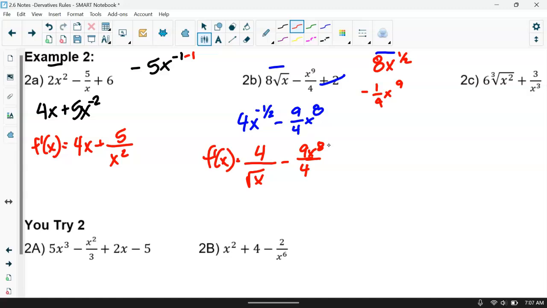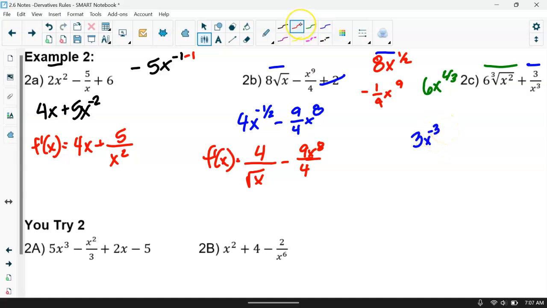So then our last one, again, let's rewrite. So rewrite your function. So this is 6 times x to the 2/3. And let's also rewrite our other function here. So this is 3 times x to the negative 3.